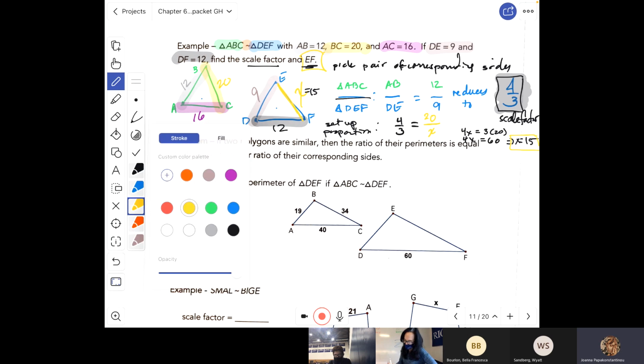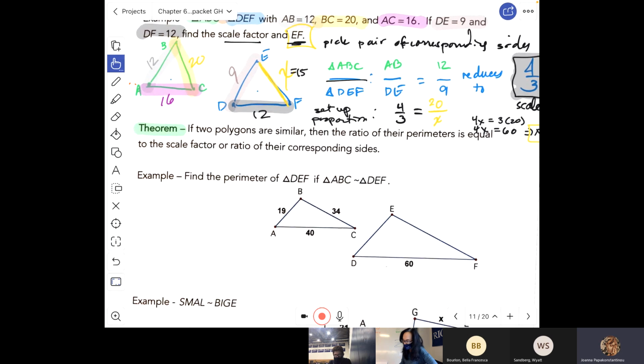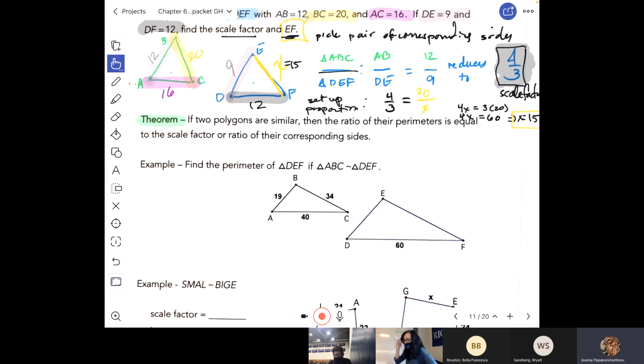Now there's a theorem. The theorem states that if two polygons are similar, then the ratio of their perimeters is equal to the scale factor or the ratio of their corresponding sides. The ratio of the corresponding sides, we said, reduces to the scale factor anyway.